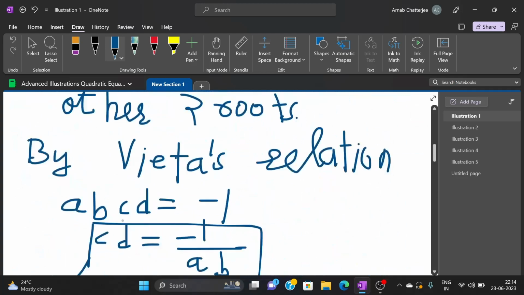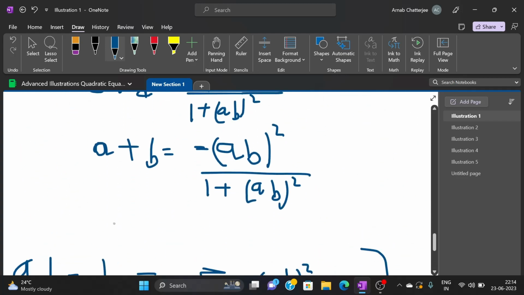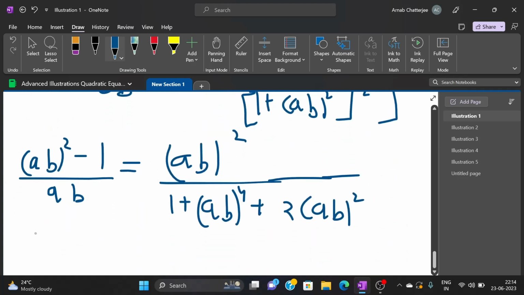So now we will do some rearrangements. Okay. Alright. Cross multiplying, let's see what we will get.